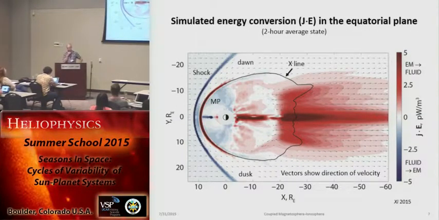The color is the scalar product of the electric current density with the electric field locally in the equatorial or ecliptic plane of this simulation. And blue means fluid energy is being converted to electromagnetic energy, and red means just the opposite, EM going into fluid.